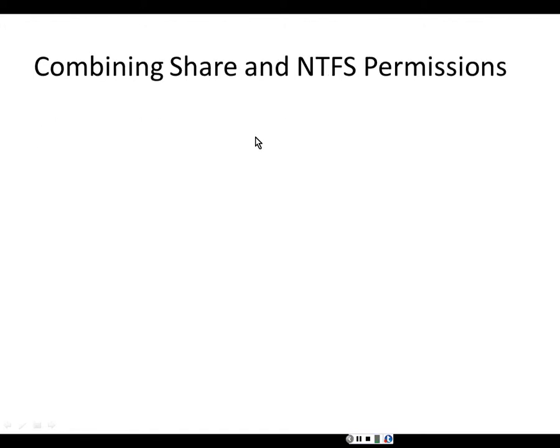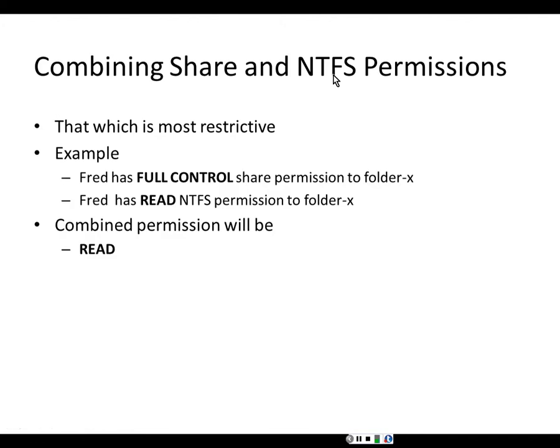Now, let's go to combining share and NTFS permissions. That works differently. With share and NTFS permissions, when you combine the two together, you get that which is most restrictive, not cumulative. So here's the example.